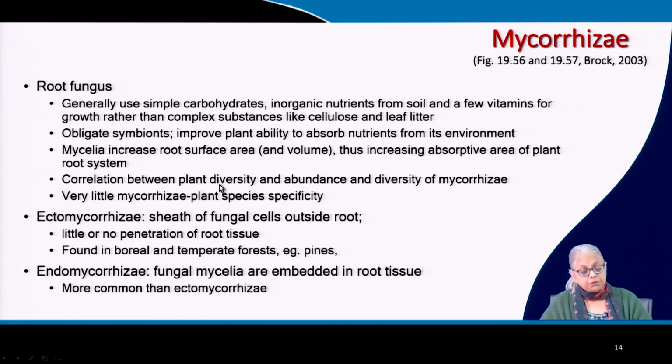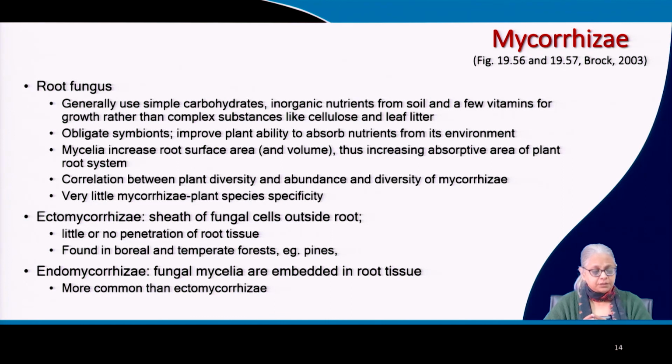There is a significant correlation between plant diversity, abundance, and diversity of the mycorrhizae. There is very little specificity. Mycorrhizae and plant species are not necessarily specific combinations. They can be non-specific relationships. There are two types of mycorrhizae that are listed in the book.